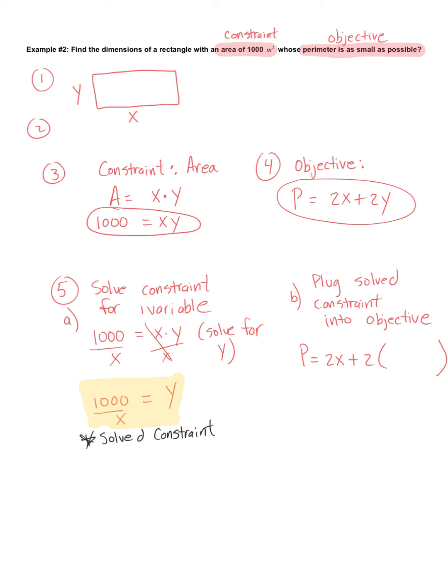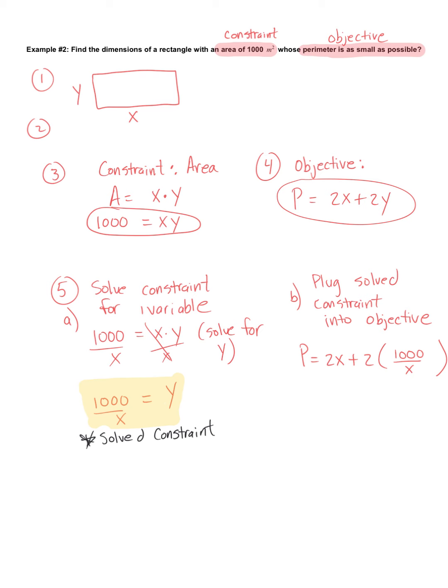I take this and plug it in right here. All right, so 1,000 over x. Again, your goal is to have one equation with one variable. So I've got it down to just x's. Now I need to simplify this because your goal is to be able to take the derivative of this easily. Right now, because there's a fraction there, that's not so easy to take the derivative of. So we're going to simplify.